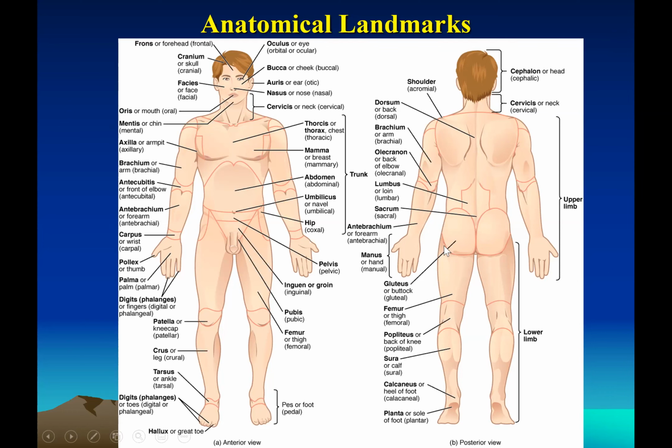Gluteal is your bottom. Femoral. Popliteal is the back of your knee. Your calf is sural. Calcaneal is your heel. Plantar is the sole of your foot. The best way to master all this terminology is by writing it down. I'll post some practice pictures in your study guide.